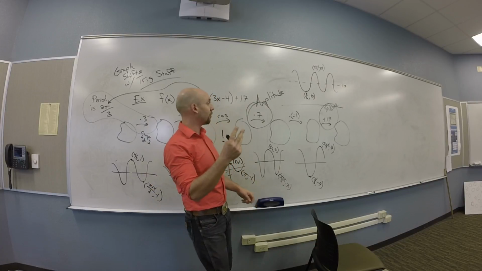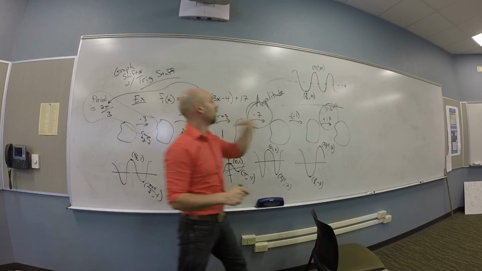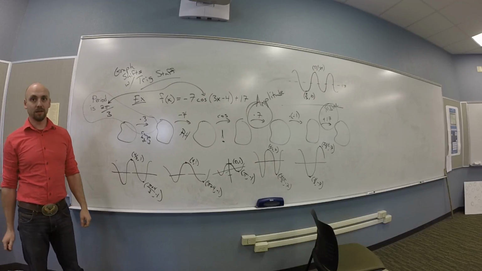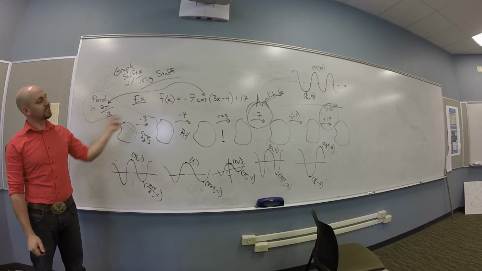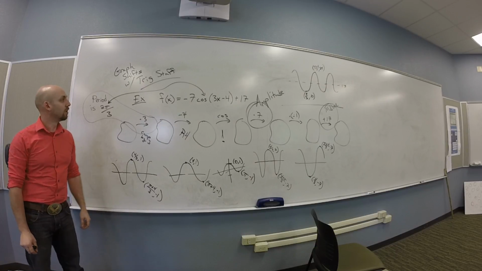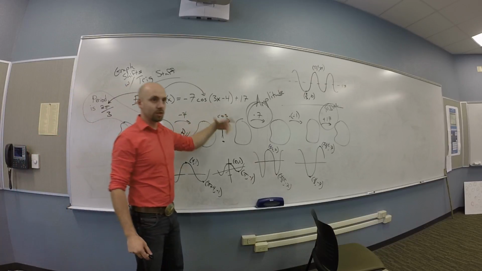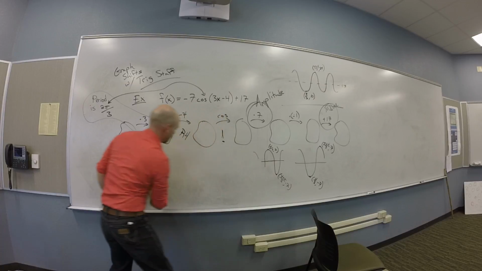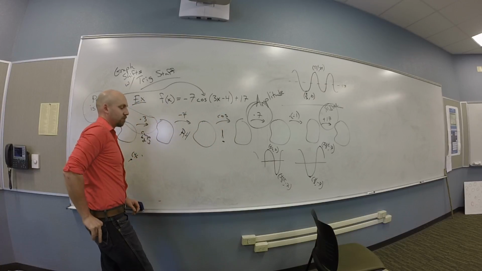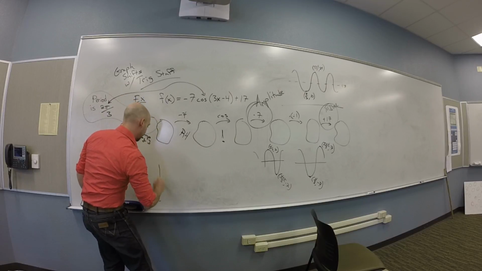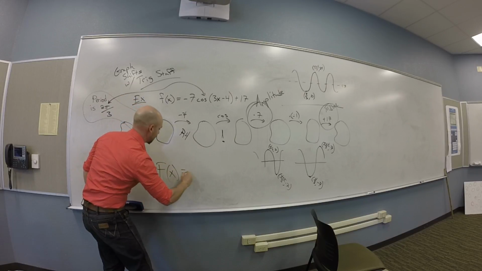So the three things I care about you being able to notice are the midline, the amplitude, and this period thing. Otherwise, this is the same shifting rule stuff we did before, right? What is the generic formula for that? The generic form for this equation, the category of things we can shift. I'm going to call this capital F of x.